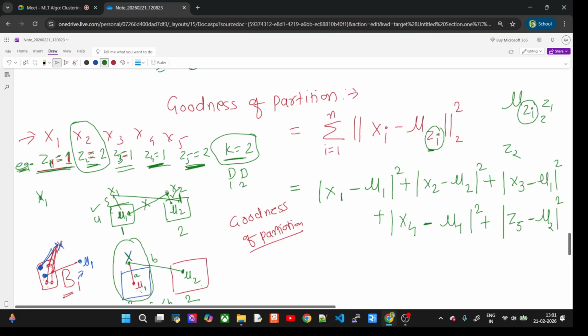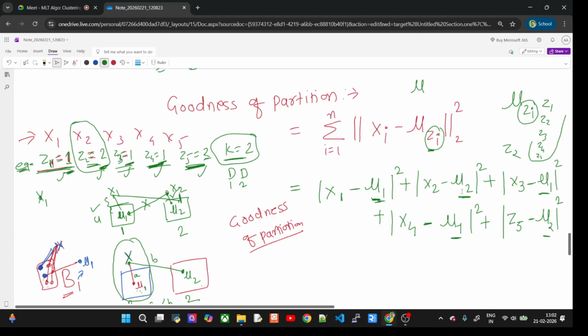Z1, Z2, Z3, Z4, Z5. Z1 is 1, Z2 is 2, then 1, 1, 2. Mu stays as mu, and Zi is replaced by its value: 1, 2, 1, 1, 2. This is the way you get the goodness of the partition.